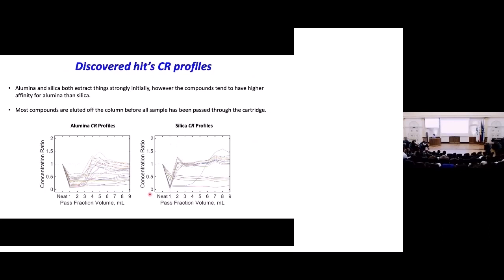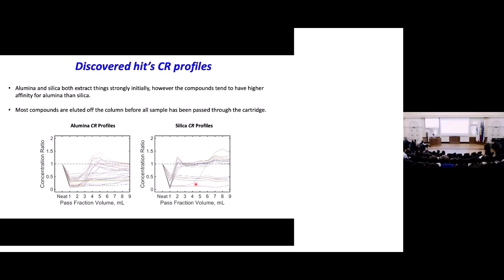Overall, it seemed that alumina held on to compounds for a while longer than silica did, where most of the compounds that were being extracted by silica and detected by our 1v1 hit analysis method eluted within the first fraction, save for some of these compounds that stayed down the entire way. And that was very interesting to us.